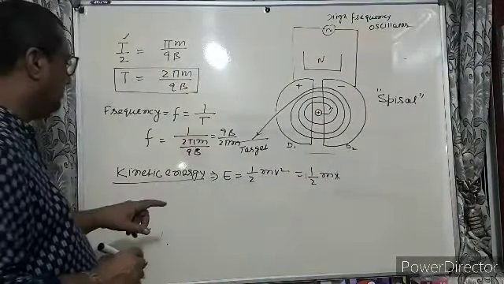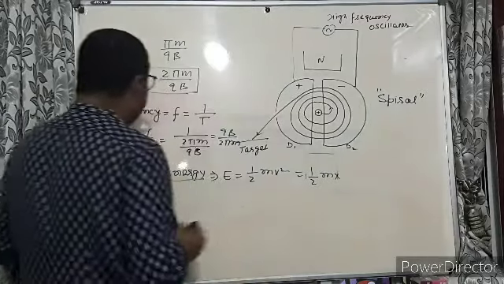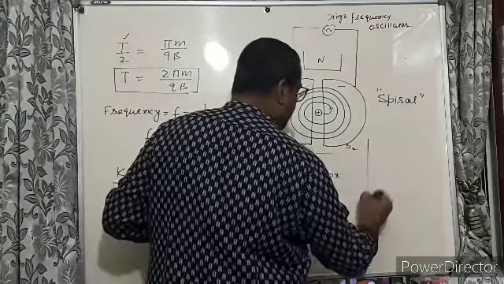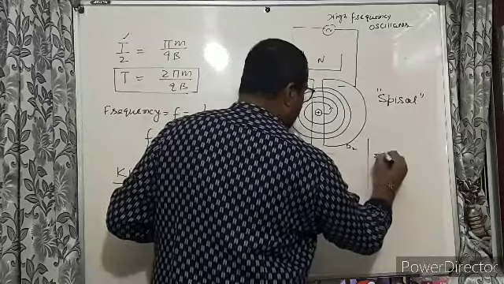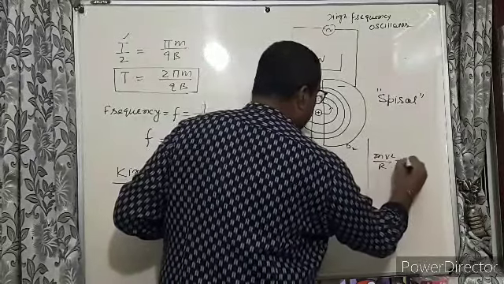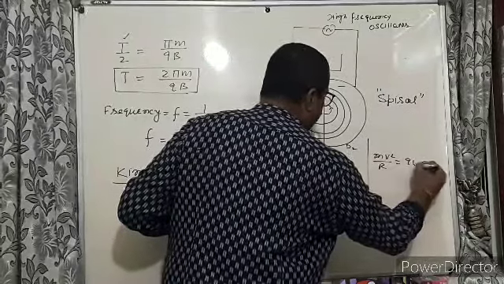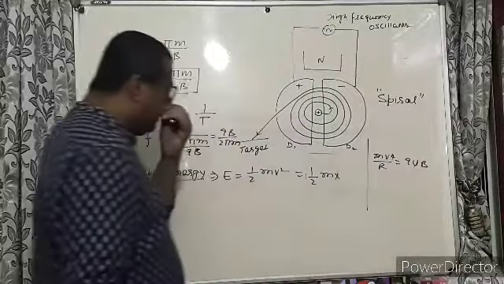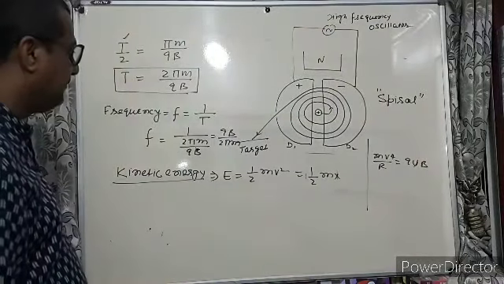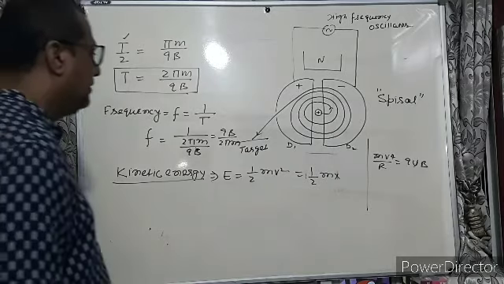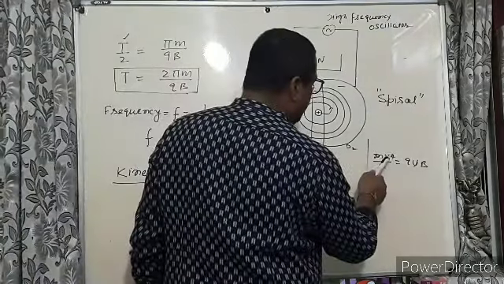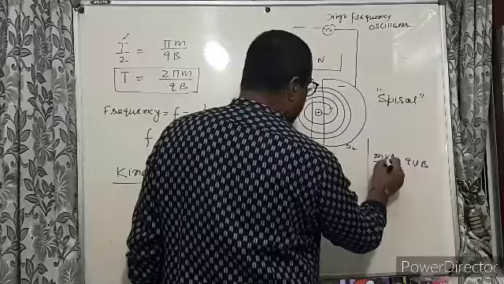We have mv square by r equal to qvB, so v will be cancelled, v equal to qBr by m.